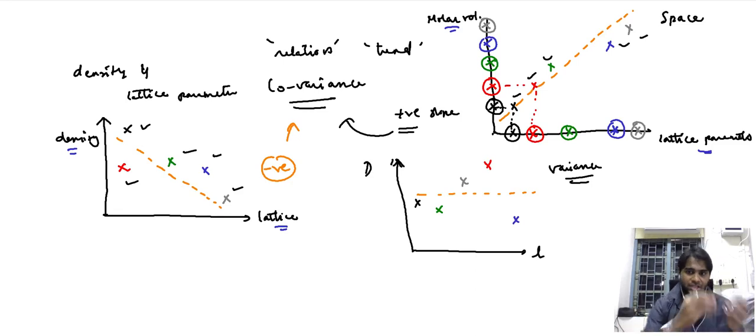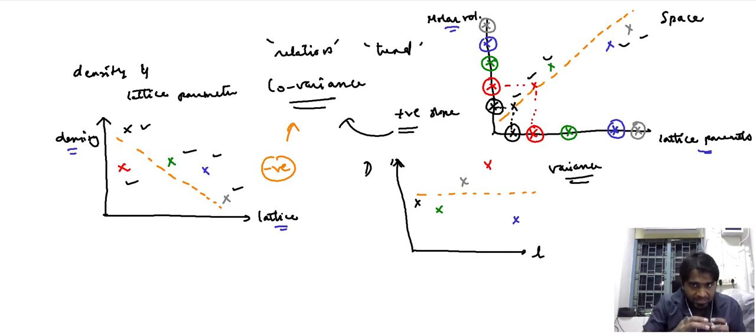So the position of these points in the two-dimensional space that we have created by placing the variables horizontally and vertically is dependent on the variance, meaning how far away they are from the mean.